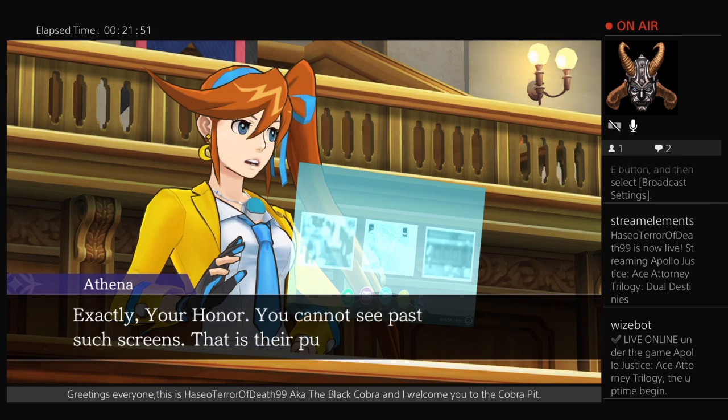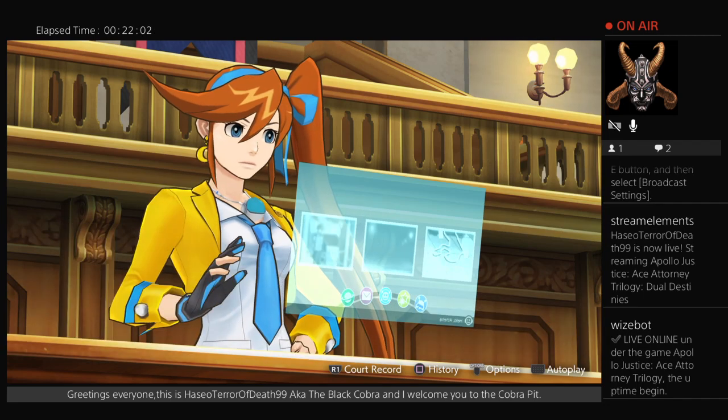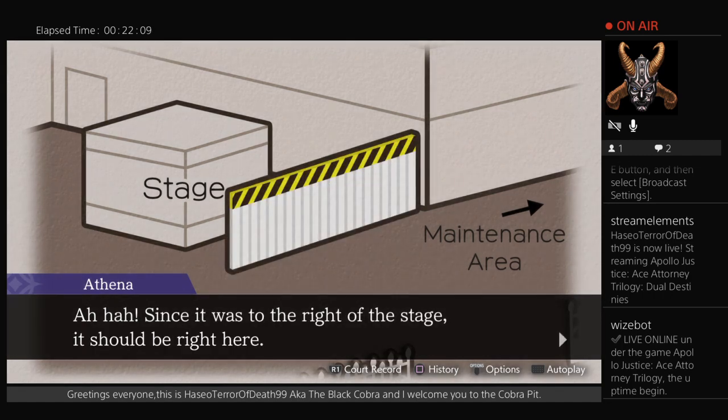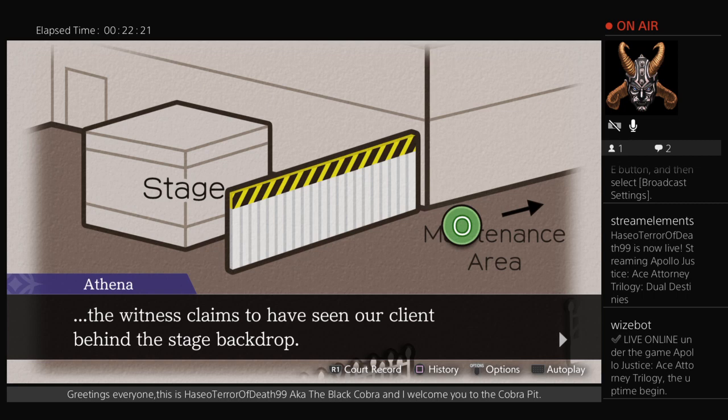Exactly, Your Honor. You cannot see past such screens. That is their purpose. Now let's see. How exactly is that screen positioned again? Aha! So it's right to the right of the stage. It should be right here. And from this vantage point, the witness claims they have seen our client behind the stage backdrop.